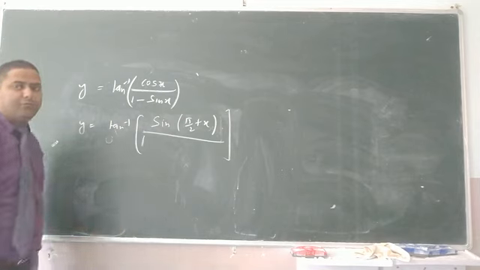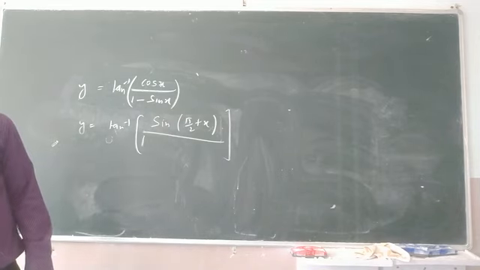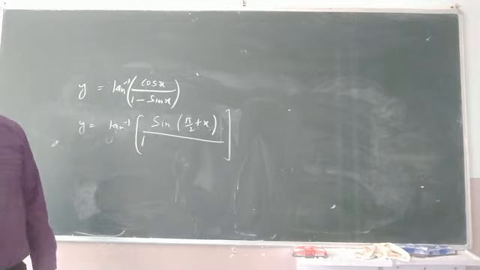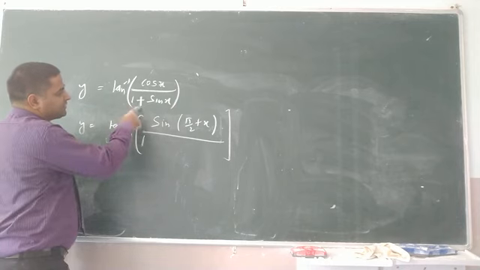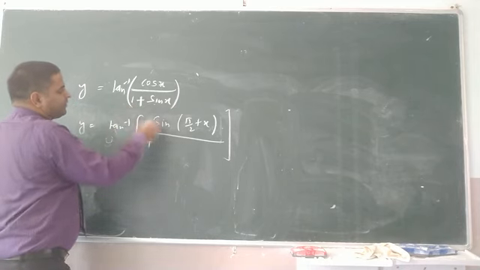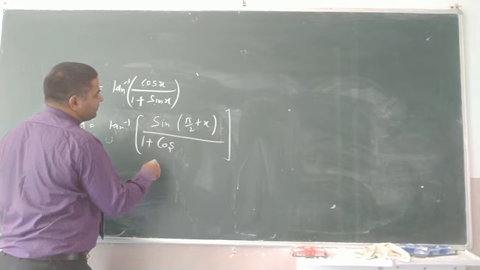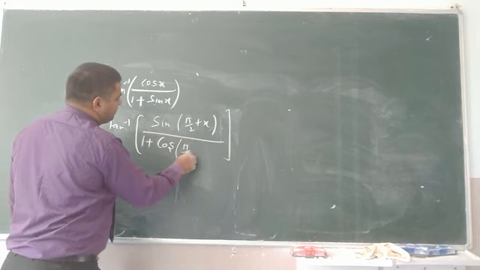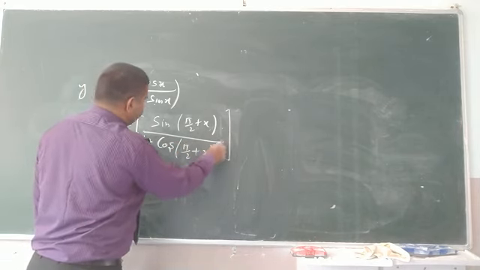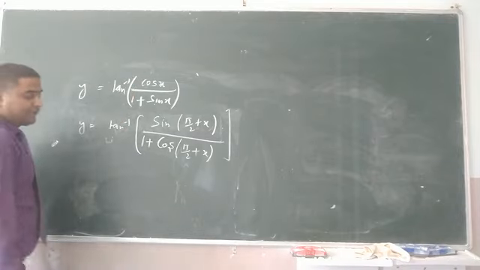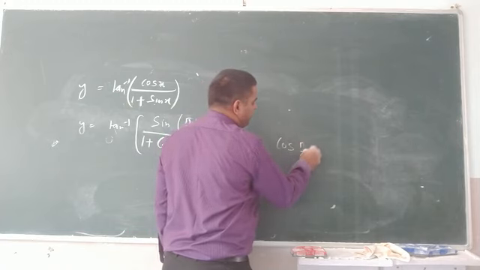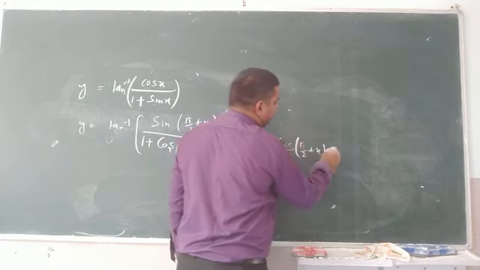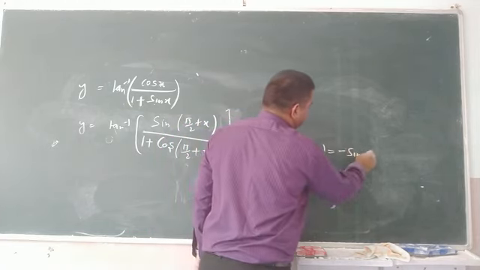Here, what do we have? 1 minus, okay, here in the question it is given to us plus. So it is 1 plus sin x, and sin x is written as cos of pi by 2 plus x. Now, keep in mind the very important fact that cos of pi by 2 plus x is equal to minus sin x.